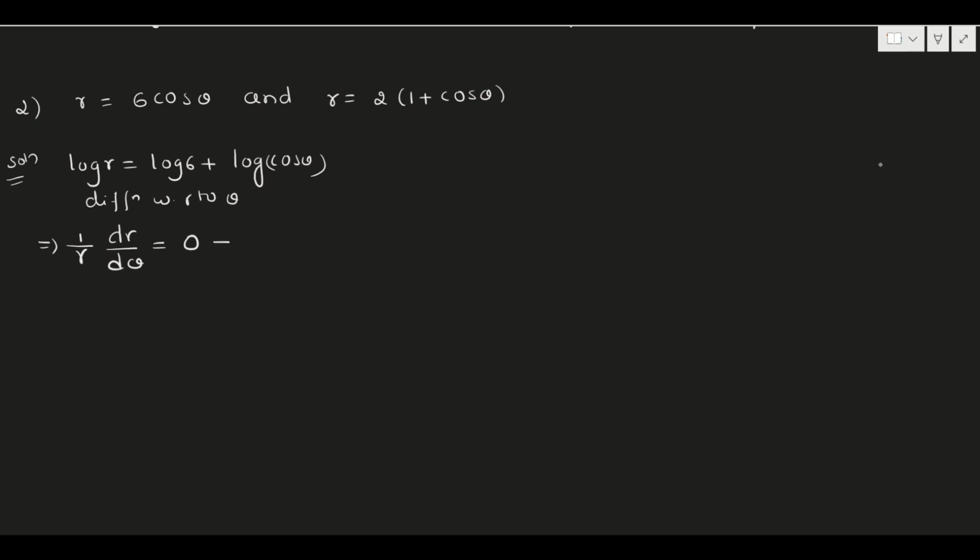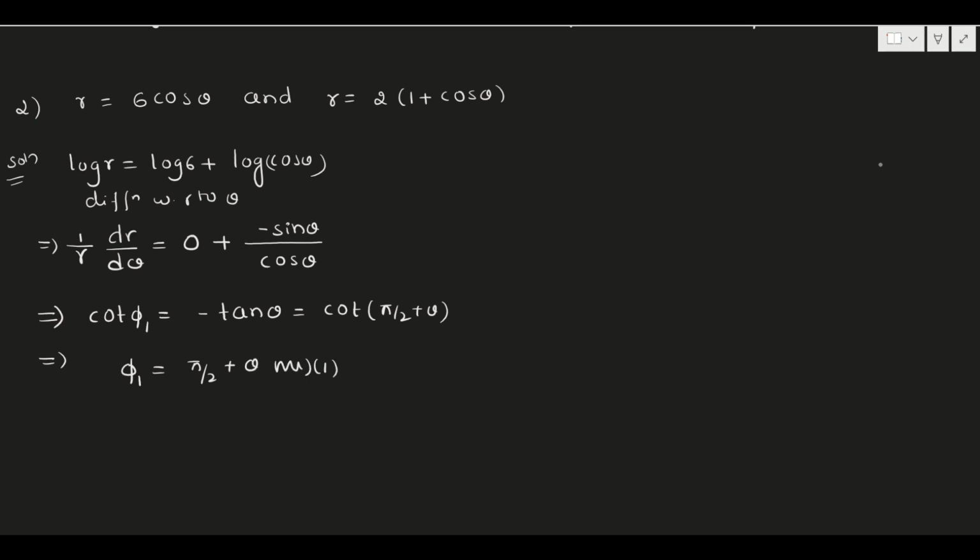Log 6 gives 0, plus the differentiation of log cos theta is 1 by cos theta, and the differentiation of cos is minus sin, so minus sin by cos. On the other side it is cot phi 1. Minus sin by cos is minus tan theta, so minus tan theta can be expressed as cot of (pi by 2 + theta). Therefore phi 1 is pi by 2 + theta. Call this equation 1.